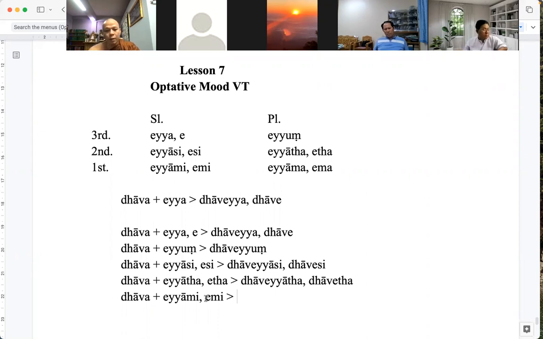So from the mi, we have dawiyami and then dawimi, the contracted form.